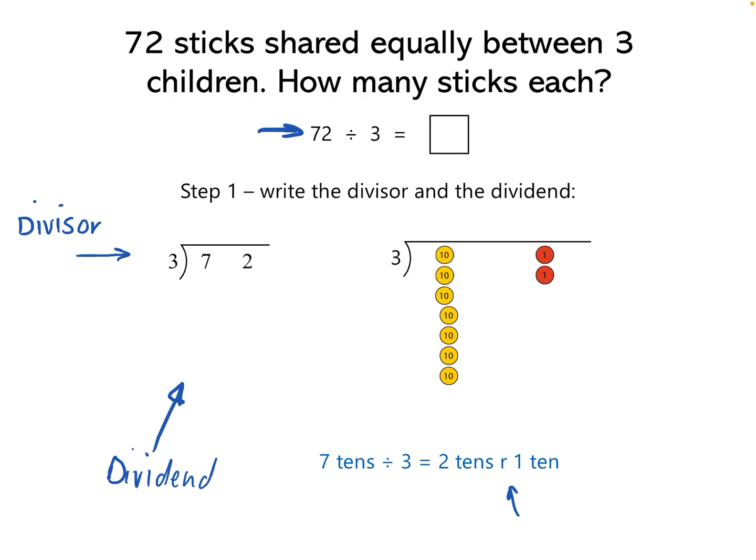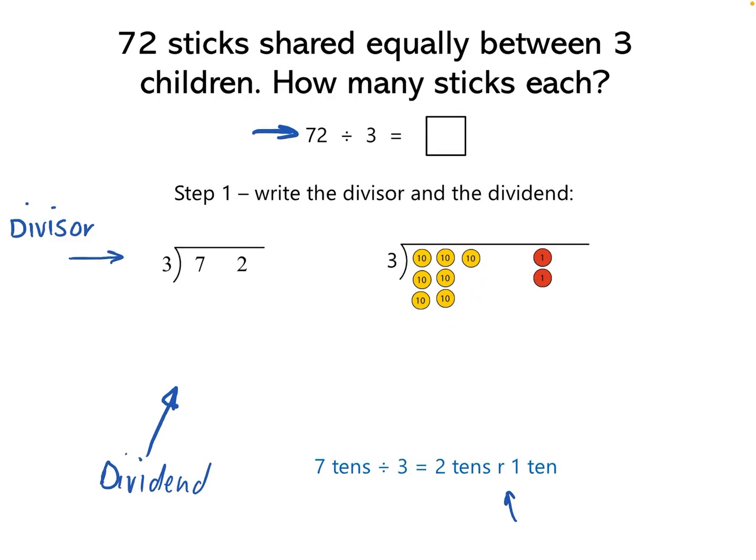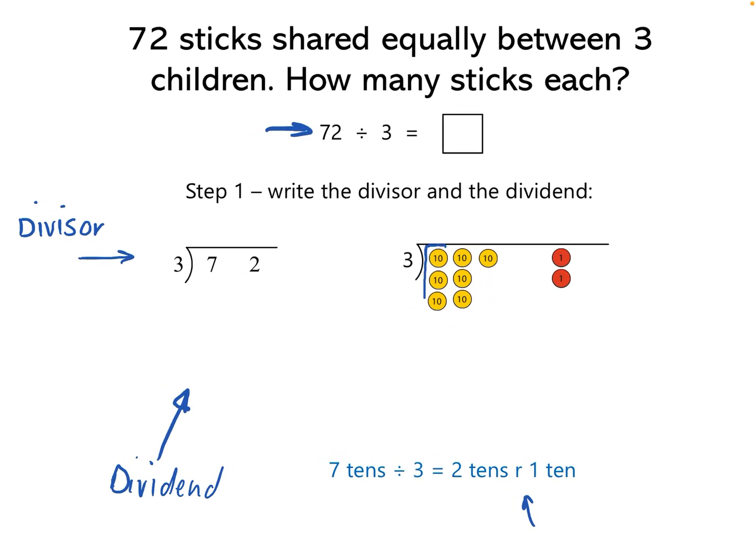We're taking our 7 tens and we're going to split them into groups of 3. We're seeing how many lots of 3 tens are in 7 tens. So here we go, we've got our 2 groups of 3 tens. Remember when we shared those pencils out?